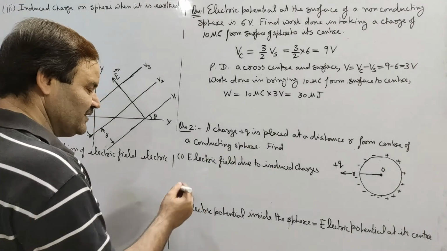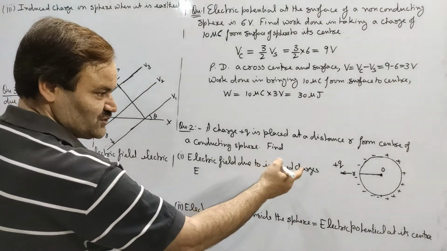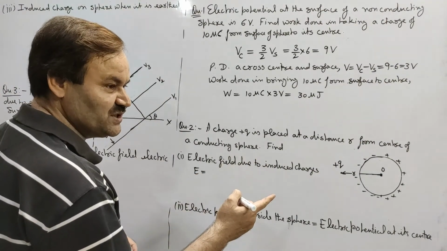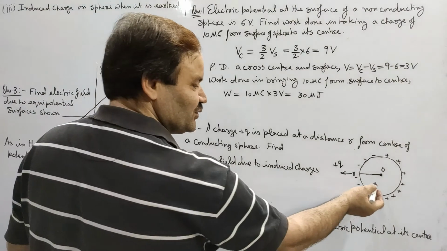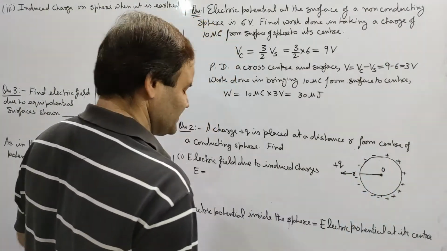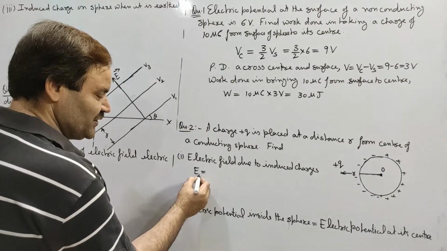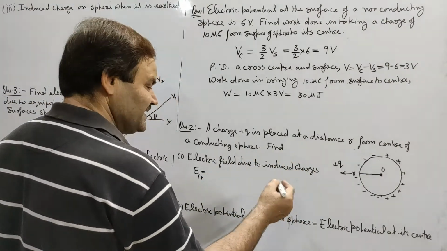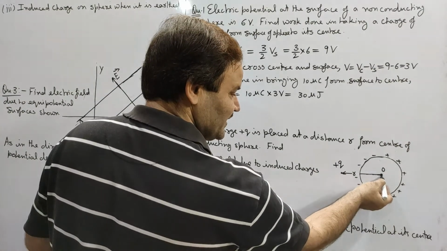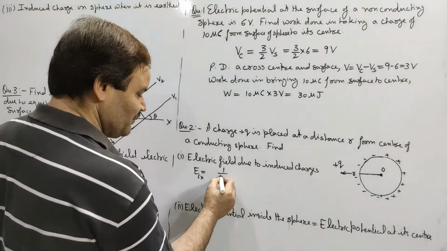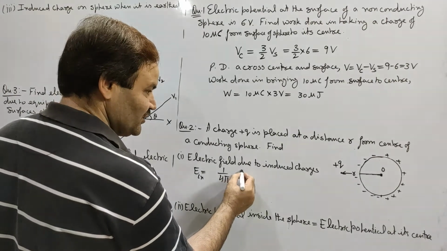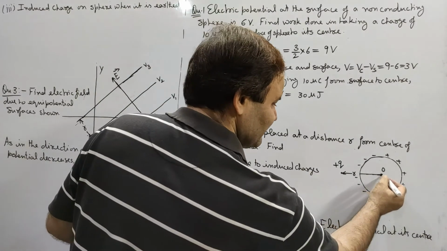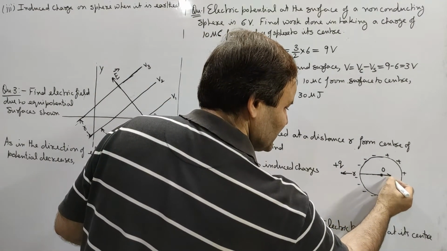so electric field due to charge plus Q will be equal and opposite to the electric field due to induced charges. Due to this charge, the electric field here will be 1 over 4 pi epsilon Q upon R square, and this field will be directed away from the charge.